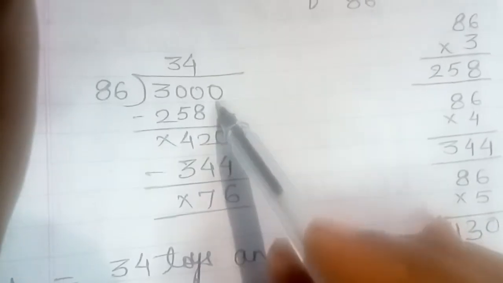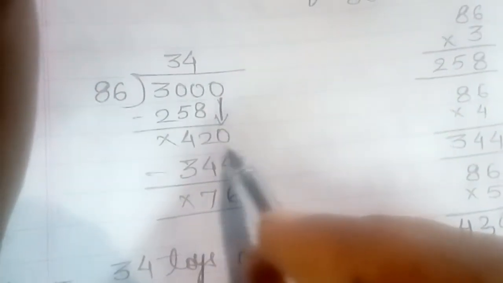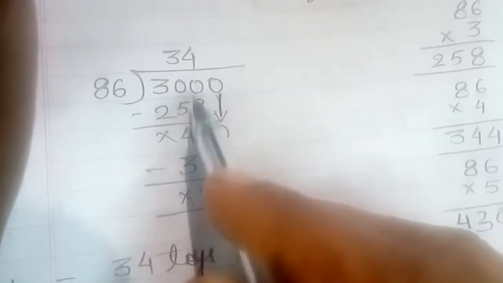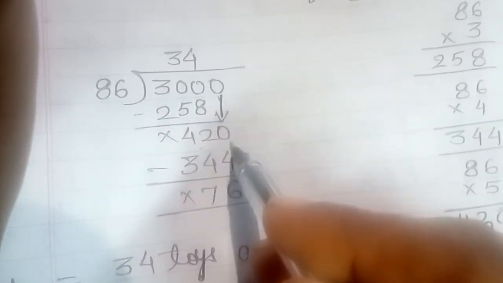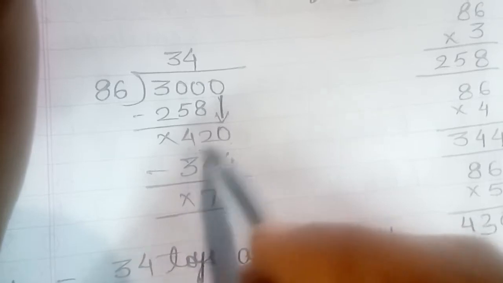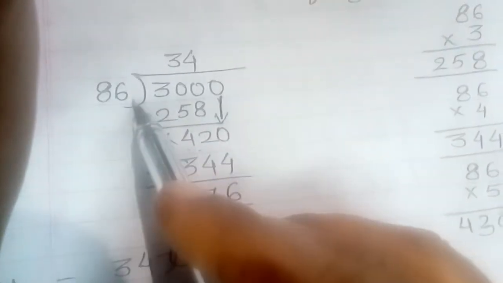Then I have brought this 0 down, so this 42 becomes 420. It means I got the second dividend. Now I will divide this 420 by 86.